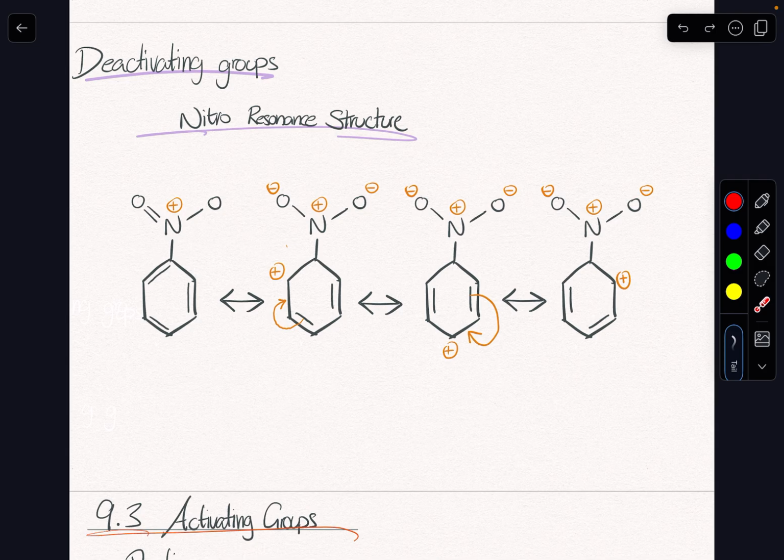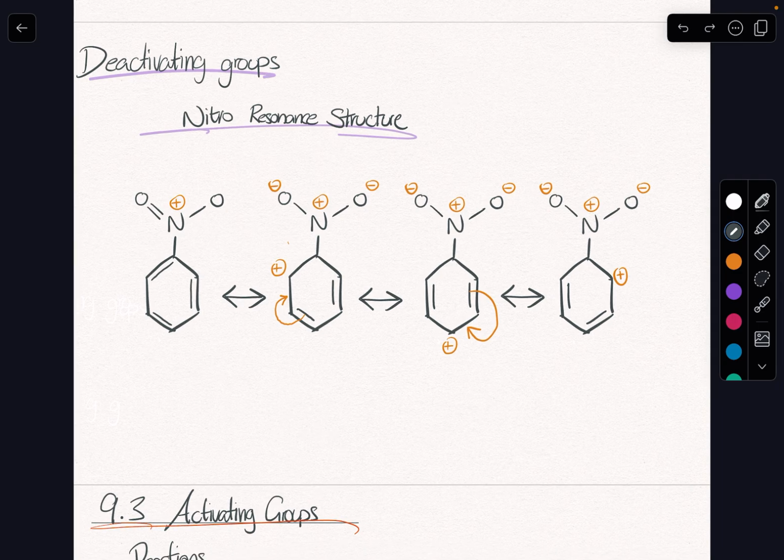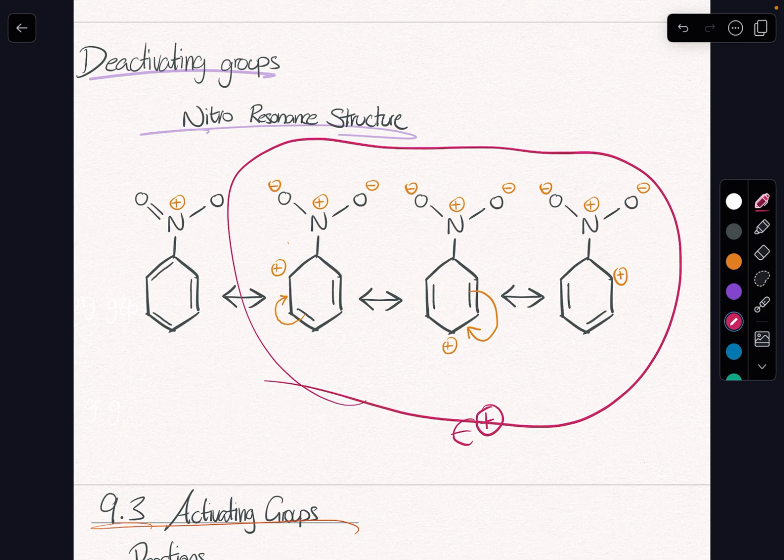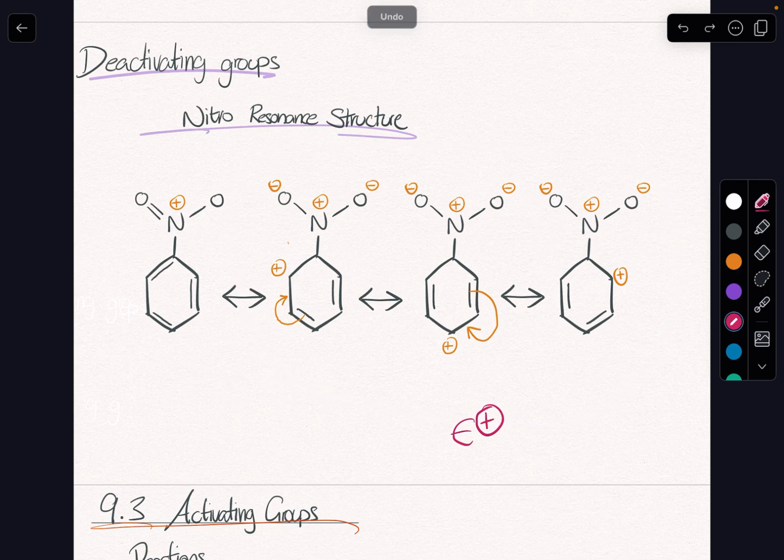Remember, electrophiles are positive species, so they are not attracted to where you can see the positives on this. So if I was to draw an electrophile here for you, remember that the electron density within the ring is attracted to the positive. This is happening thousands of times in a second. This point here and this point here is alternating between positives.